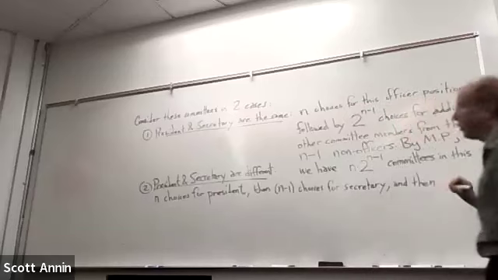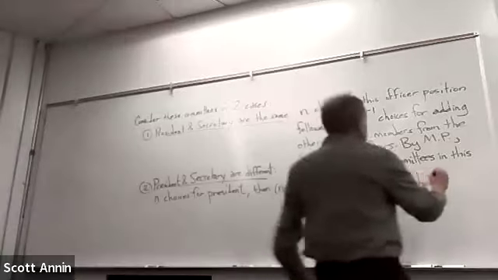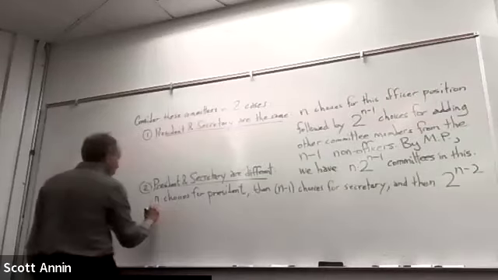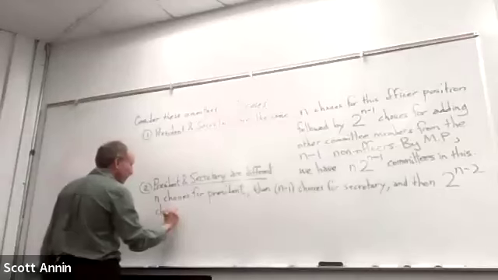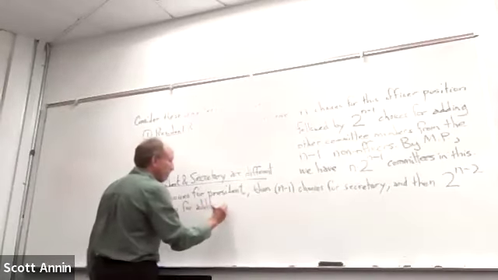And after those two people have been chosen, what else do we have to do? Two choices for each other person, whether they are on the committee or not on the committee, right? 2 times 2 times 2 times 2, and there's n-2 other people. So 2 to the n-2 choices for adding other committee members.